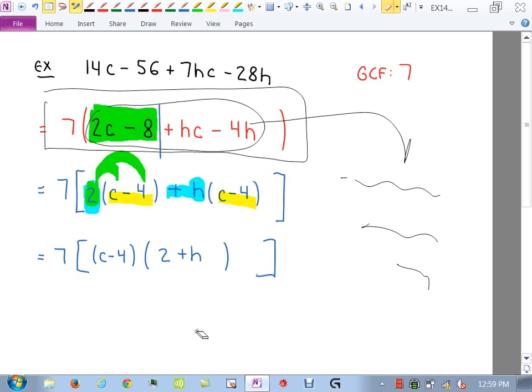Okay, now the only thing left to do, even though this is technically correct at this point and we are done, is to realize that this is multiplication here and multiplication here, which means we don't need the bracket. We needed the bracket earlier because we had a plus in between these two, didn't we?